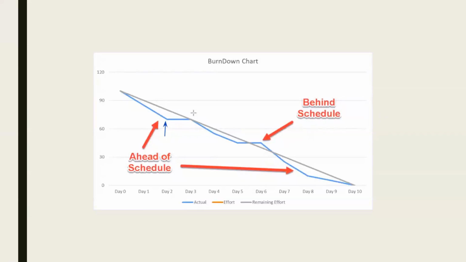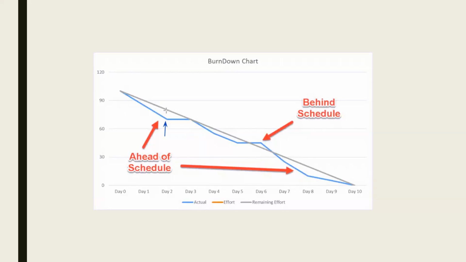Now, when the graph is at this particular point, it means that this blue line is below the ideal line. That means they have completed the work and they are ahead of the schedule. So on day two, they should have been at, let us say, 80 story points.